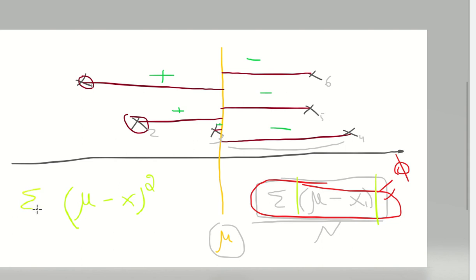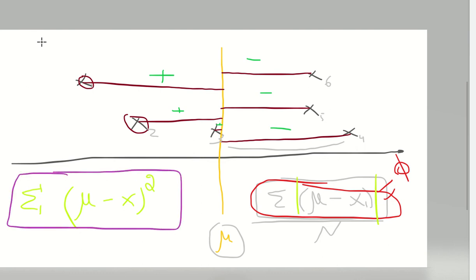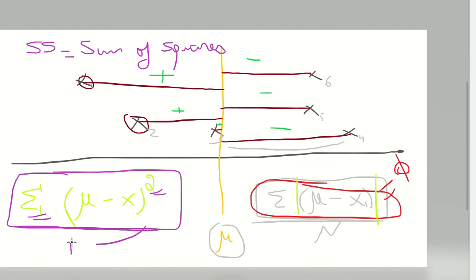You add up these squared differences, which, by the way, is called the sum of squares. So if you ever see me write SS, meaning sum of squares, that's what this is. It's a sum of squares. So you sum the squares and then you divide by the number of observations.